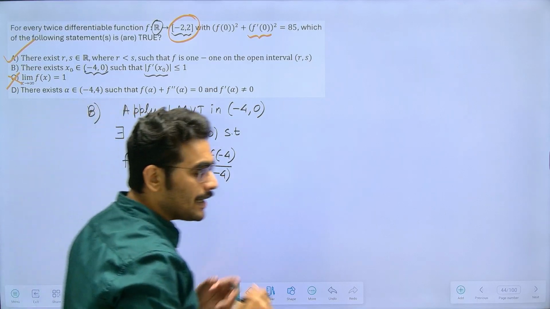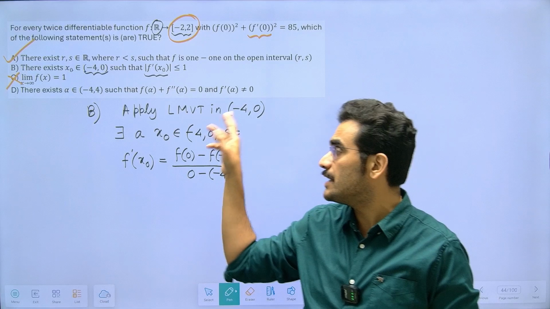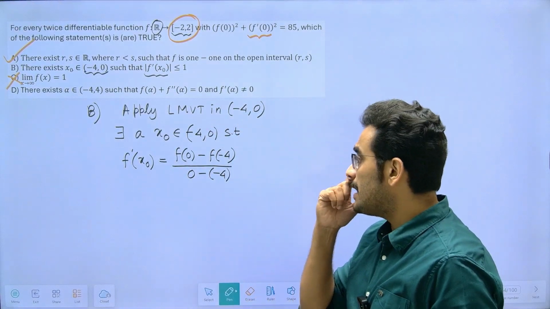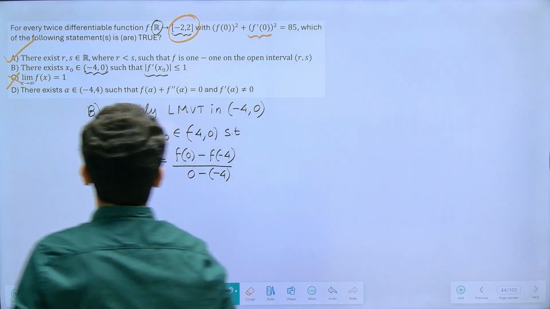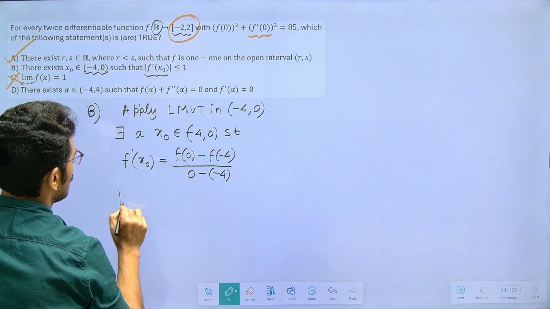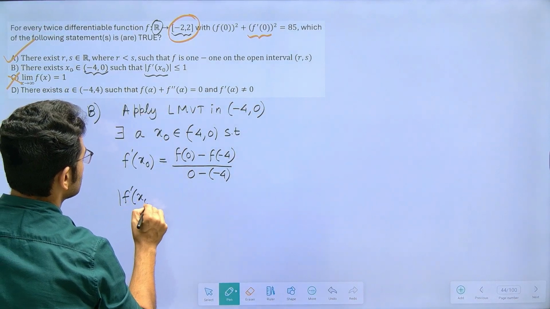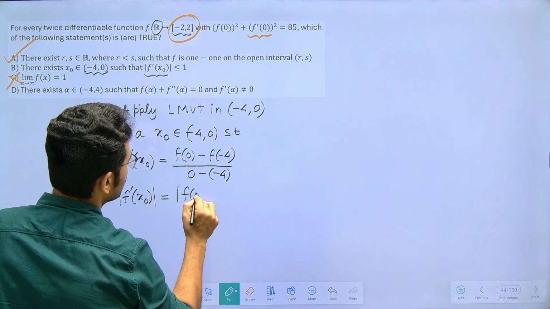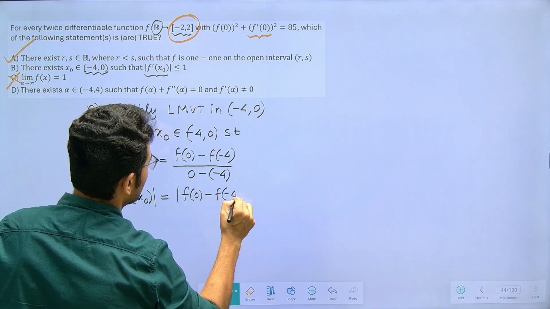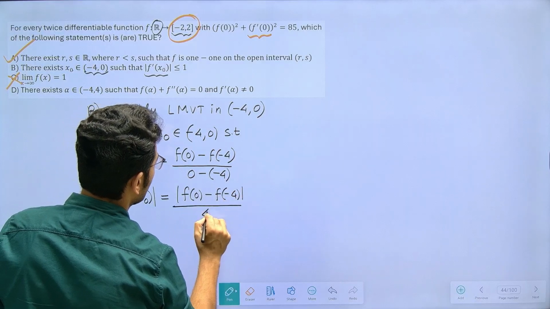I am using Lagrange's mean value theorem in the domain minus 4 to 0. As per the theorem, there exists x naught in the domain for which this should hold. So mod f dash x naught is equal to mod of f0 minus f of minus 4 divided by 4.